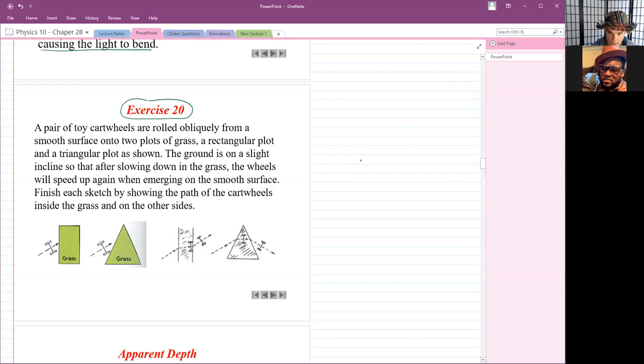So just real quick, let's just look at this first one. So in this case, I've got the cartwheels coming in. Here's sort of the beam the light's taking. Oh, I'm going to have to move this a little bit. Let's move that up here.